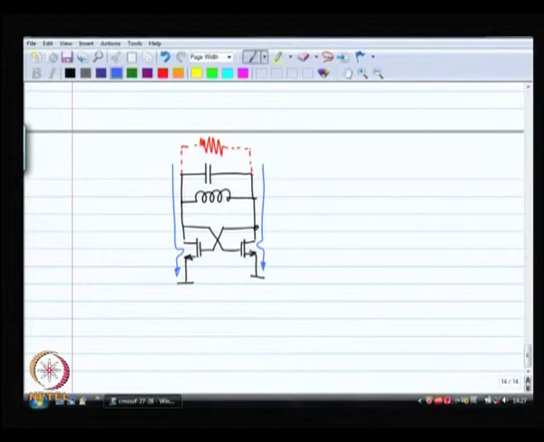So, one opportunity is that instead of having the inductor over there, why do not I delete this inductor from this place and place the inductor to the power supply on both paths. So, this is one possibility, right. This is something that a lot of people would like to do. Okay.